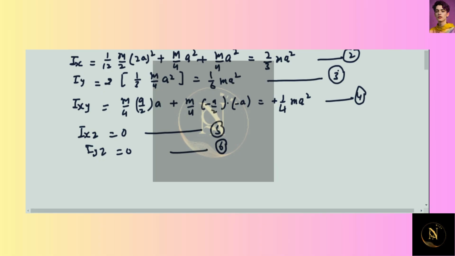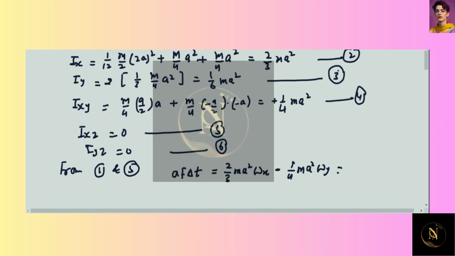From equation 1 and 5, we can write aF delta T is equal to 2 by 3 ma square omega x plus 1 by 4 ma square omega y, equation 6. Seventh equation: minus aF delta T is equal to minus 1 by 4 ma square omega x plus 1 by 6 ma square omega y plus 0.